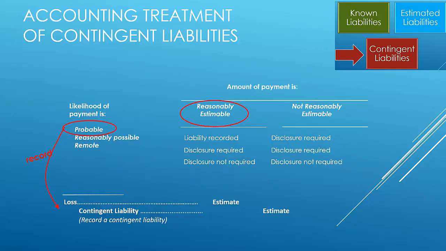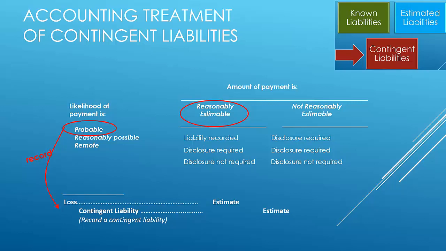I've made you a little happy table just to summarize what I've been talking about. If the likelihood is probable, and it can be reasonably estimated, we record the liability and we disclose it. I realize this is a little bit off, so I'll fix it. If it's reasonably possible, then we'll only disclose it if it's reasonably estimated. But do you see the difference between probable and reasonably possible?